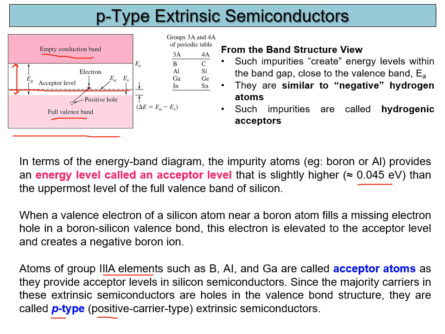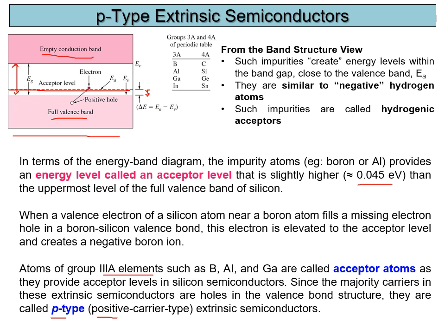It is just above the full valence band of silicon. The gap between the acceptor level and the valence band is just a shallow gap in here, around 0.045 electron volt.